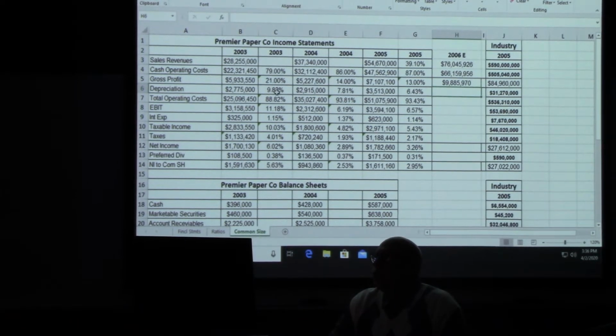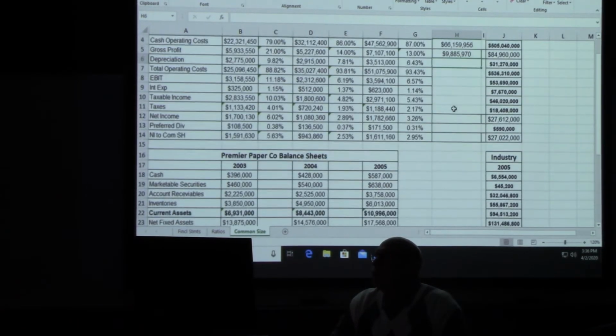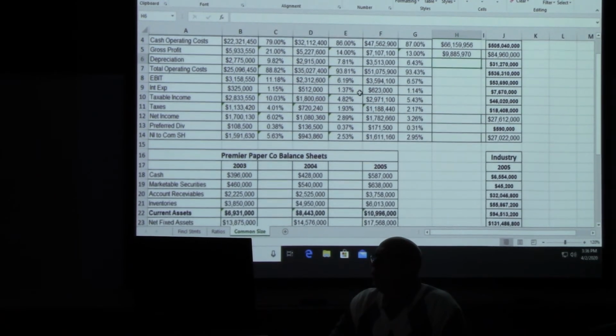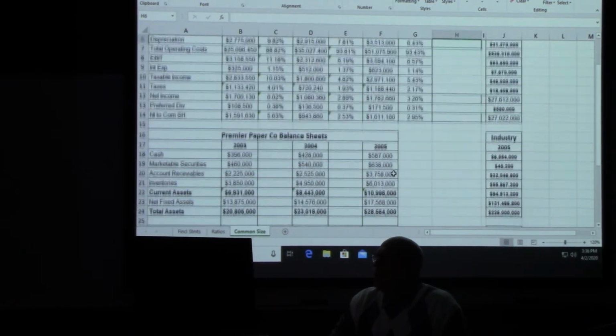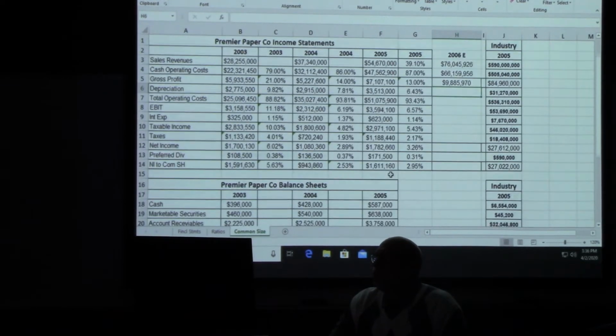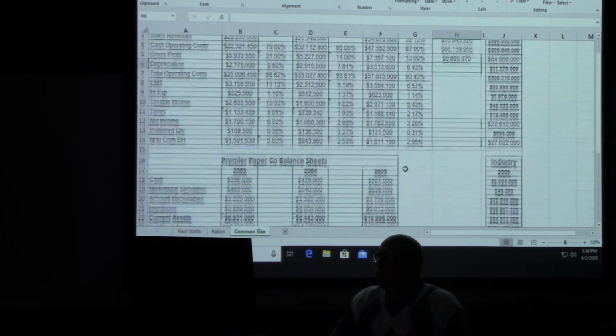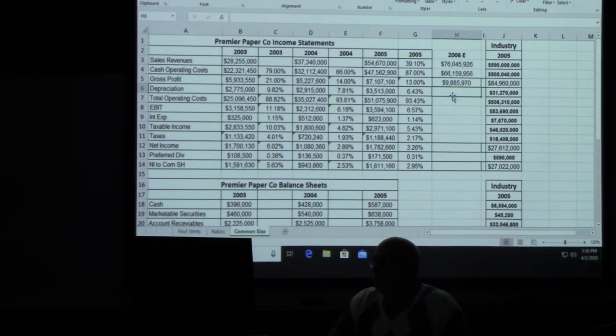And depreciation has been going down about 1.5% a year, and of course we could divide depreciation into net fixed assets, but we haven't found what our net fixed assets are going to be down here yet, so let's go ahead and take it down another percent, equals sales times, let's take it down 0.5%.